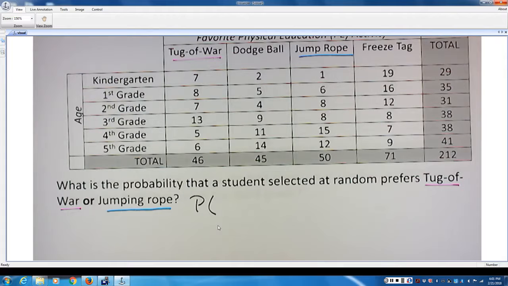Given the context of the survey, yes. I know there are people that can play tug of war that also jump rope, but they asked these kids, which one do you prefer? You don't get to prefer both of them. So is this disjoint? Can one kid have answered both answers? No, because they had to pick one. Okay? So this is disjoint.